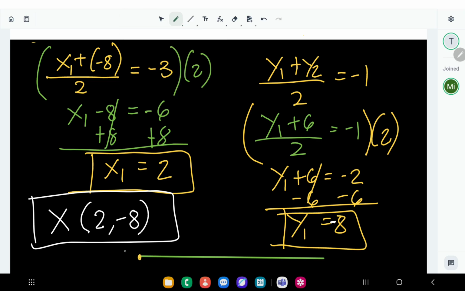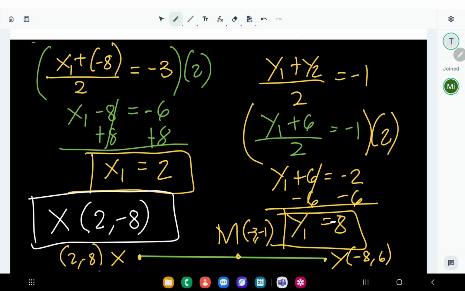This is point x, this is point y, this is the midpoint. The midpoint is negative 3, negative 1, y is negative 8, 6, and x here is 2, negative 8. You got that? So that's how to solve it.